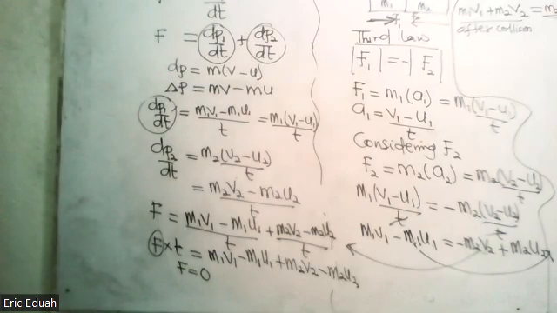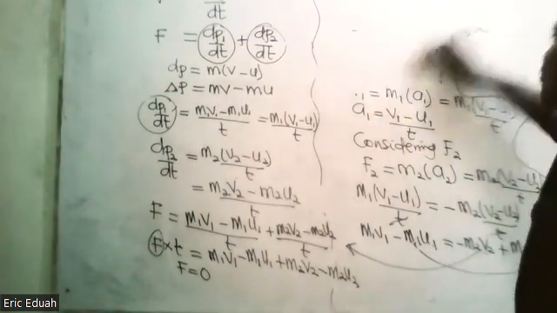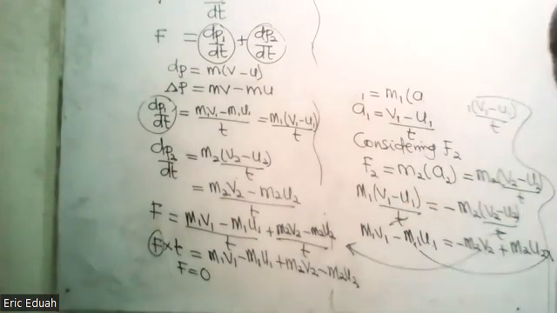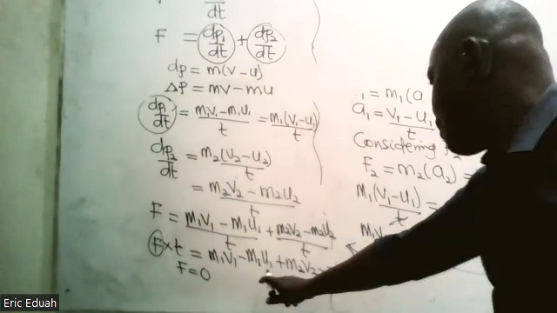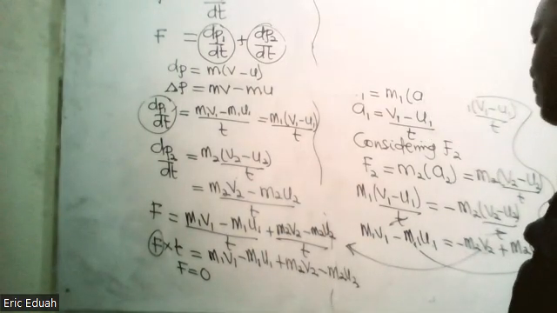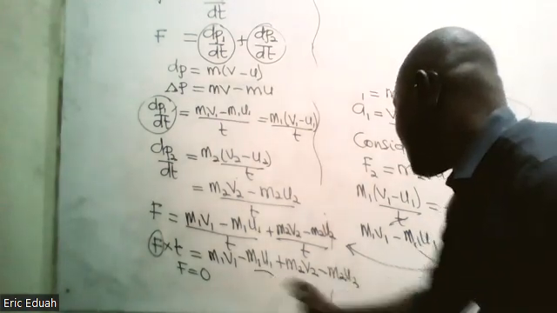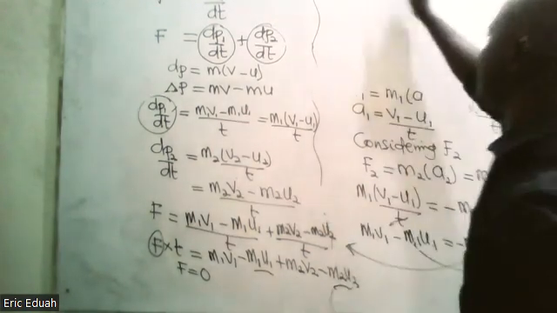So if F is equal to 0, then we can easily conclude that momentum will be conserved, in the sense that let's straight away group all the positives at one side and all the negatives at one side. So every negative, this one and this one, will be sent to the other side.